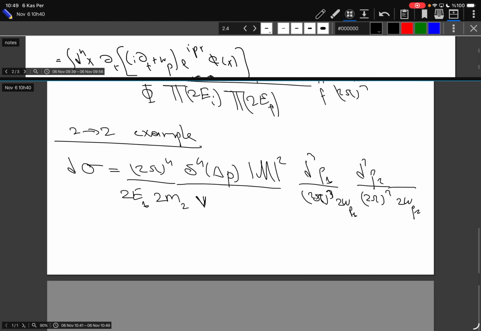Now, if you look at one of these, this is basically called the Lorentz invariant phase space. My detector will not measure just a single point in the phase space, but it will measure a region in the phase space. And that is the phase space factor that my detector will measure.